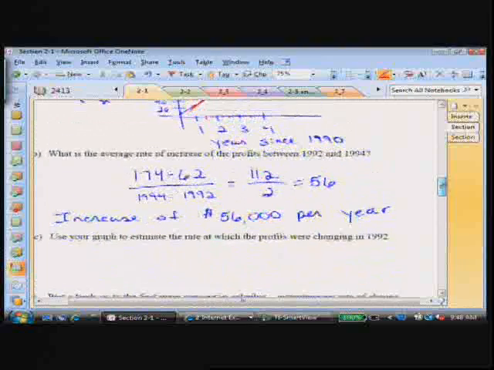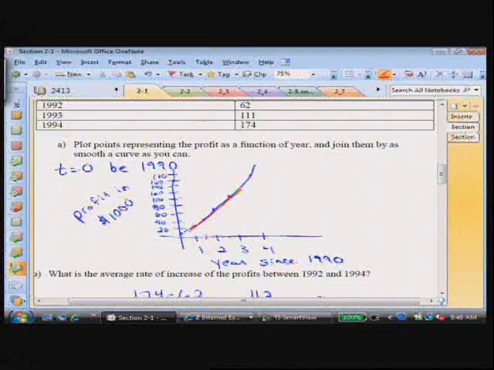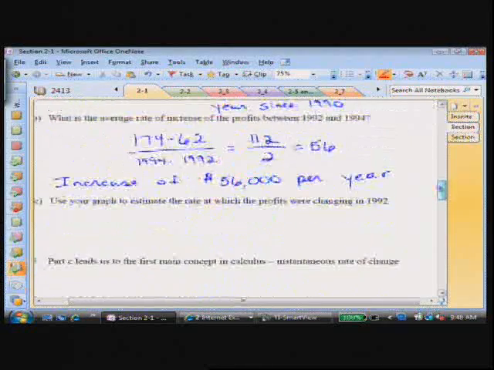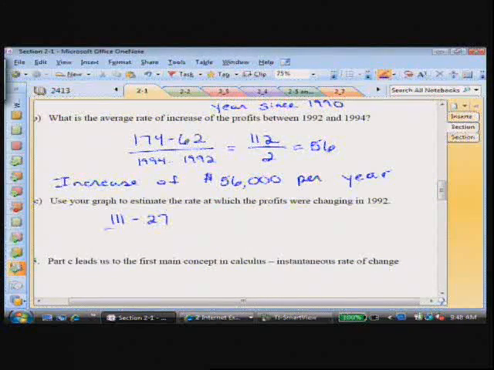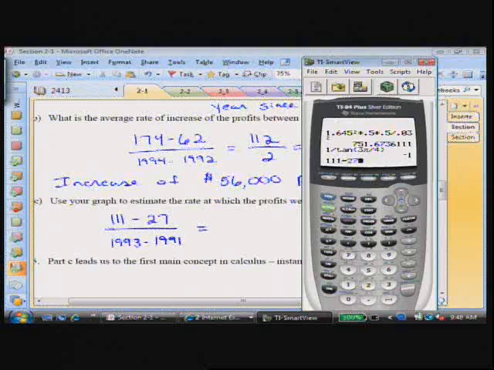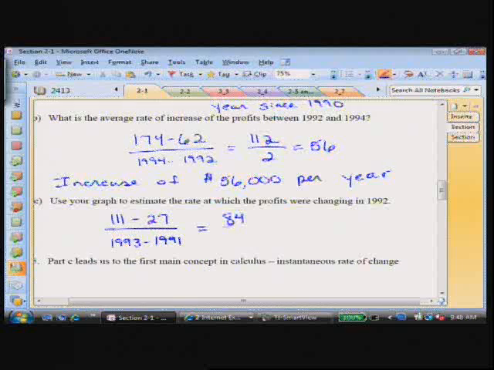Okay, so one estimate would be, since we only have the numbers for 1993 and 1991, we could use those numbers. So we could do 111 minus 27 over 1993 minus 1991. 111 minus 27 is 84, over 2, which is 42.